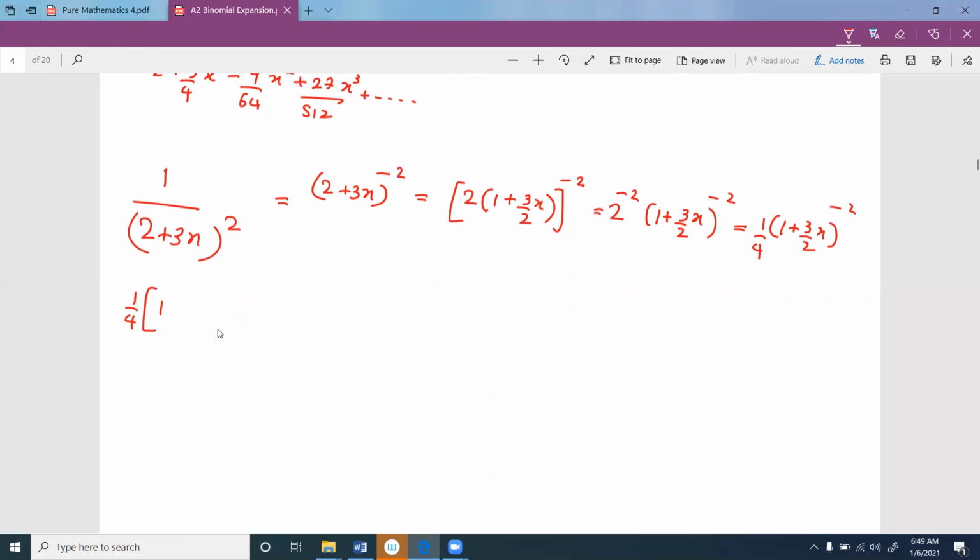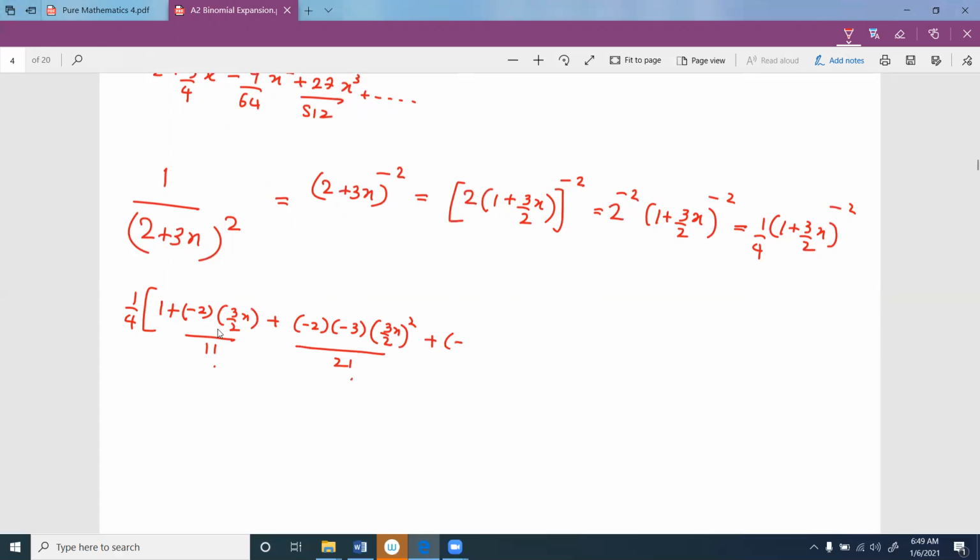It's equal to 1 plus n x, where x is 3 over 2 x, over factorial 1. Then n minus 1, times (3 over 2 x) to the power 2 over factorial 2.